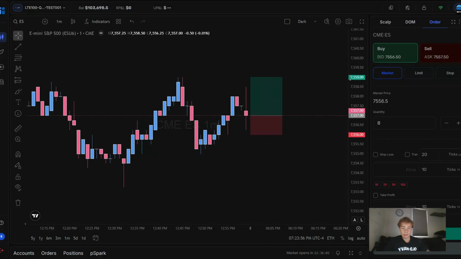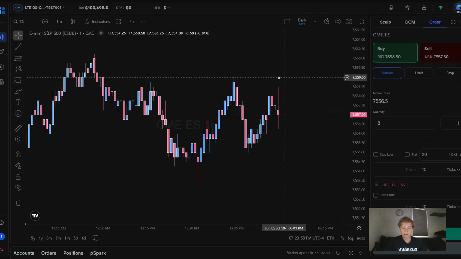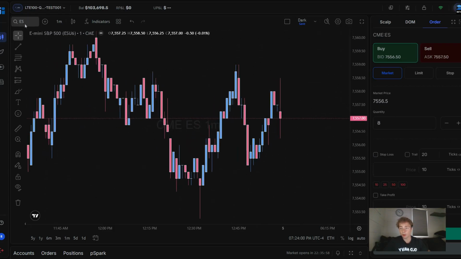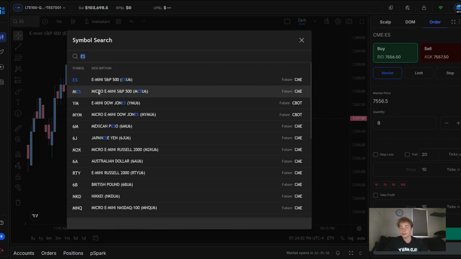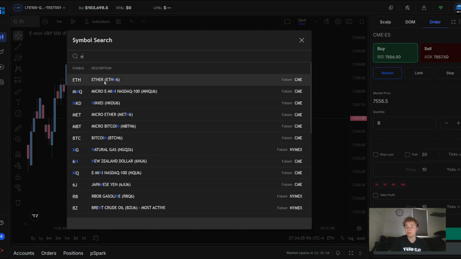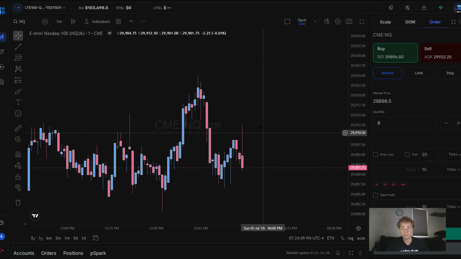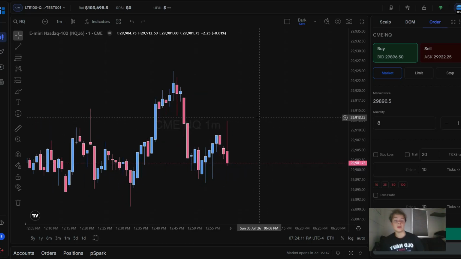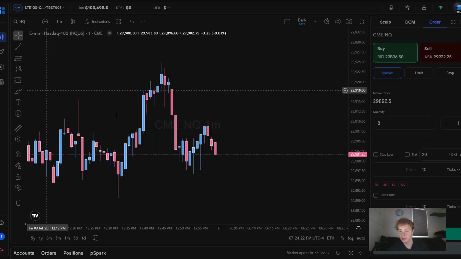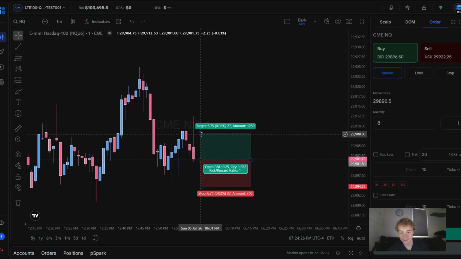Also a concept that you will probably hear is called full porting, which means trading with maximum leverage, which is something you should not do. Basically, for example, if you have an account worth $50,000, your max contract size will probably be something like 5 minis, which is a lot. So say on NQ I went here with 5 minis.